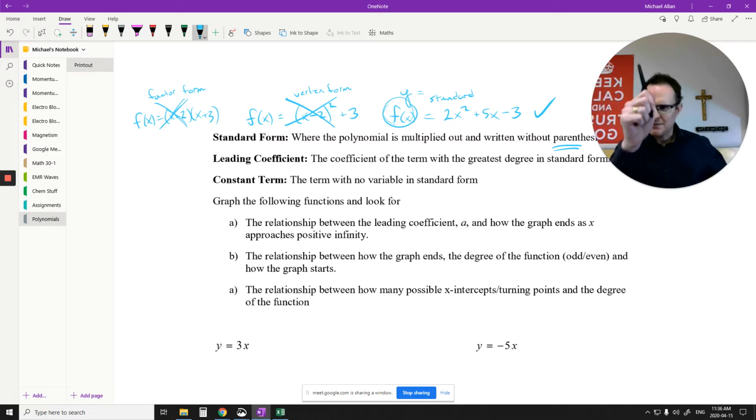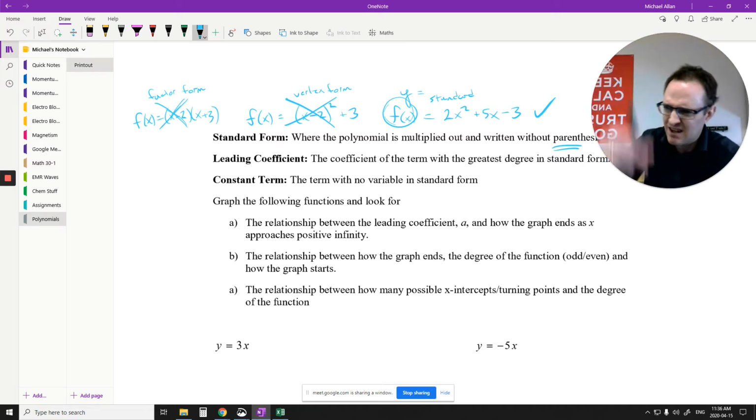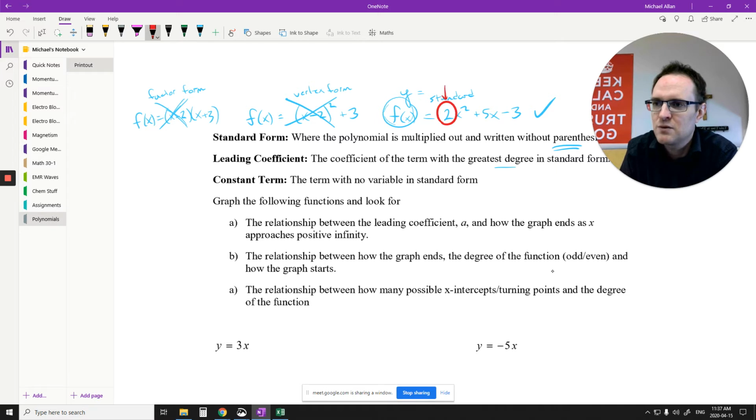The definition we already had up there about the leading coefficient, it's just the number that's in front of the greatest degree, the greatest exponent in the polynomial. So like this top example here would be 2. This would be our leading coefficient. Not the greatest number. 5 is the greatest number here, but the one that's in front of the highest degree.